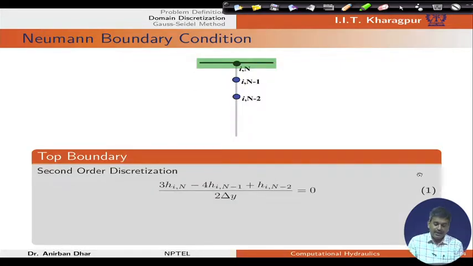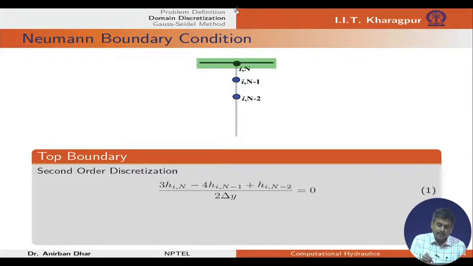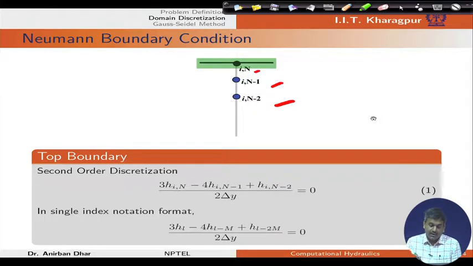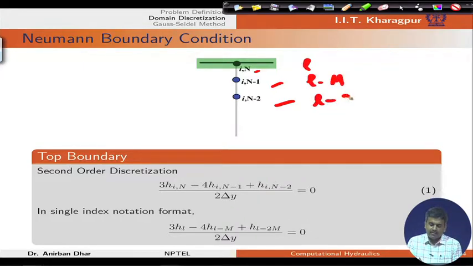If we consider the top Neumann boundary condition, this considers n minus 1, n minus 2 points, and for our case we will have L, L minus m and L minus 2m notation.